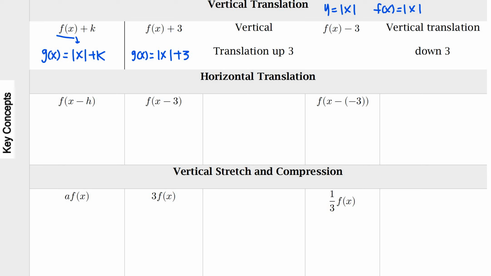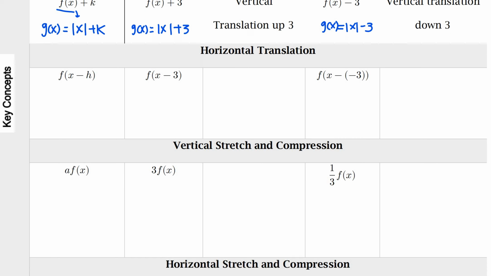That means vertical translation up 3. The new function from the absolute value translated down 3. Simple, huh? Next one, horizontal translation.